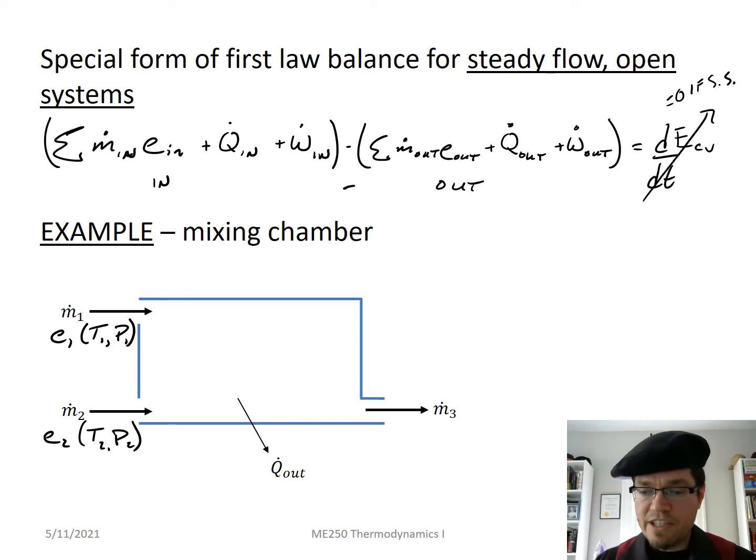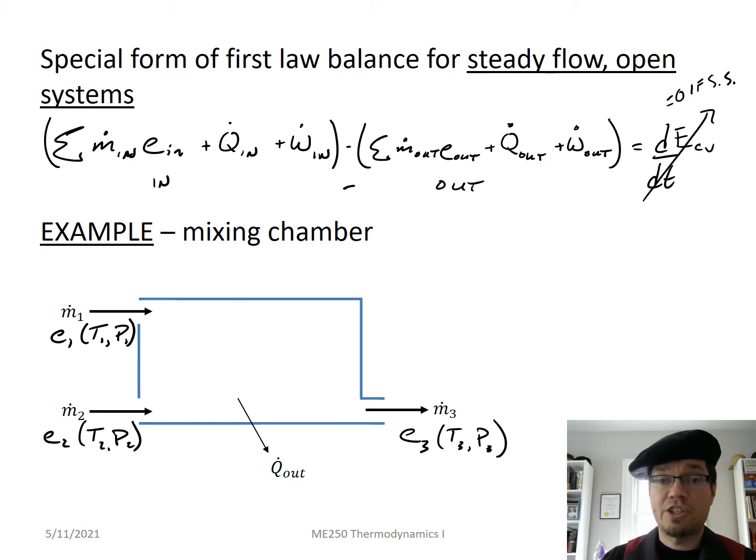And m3 is going to be the outlet, and the mass that's flowing out there is going to flow out with some E3, which is again a function of its temperature and pressure. And in addition, if say this mixing chamber is mixing hot gases, the mixing chamber is going to be hot, therefore the mixing chamber is going to lose some heat to the environment as Q dot out.